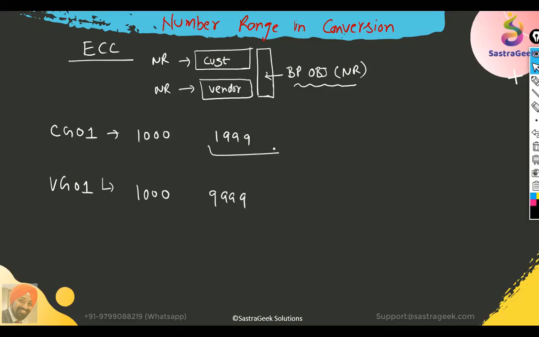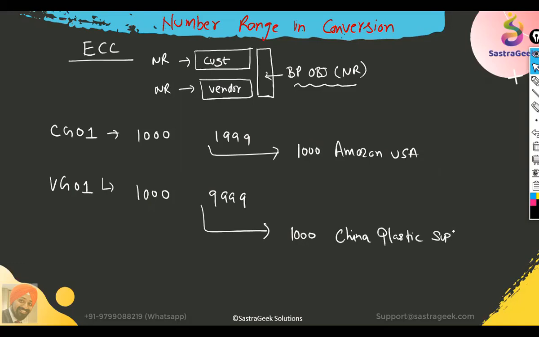You would have one customer, 1000, which is your Amazon USA customer. And here you have 1000 as, just for example, a China plastic supplier. So here you have the same number 1000, but two different entities.